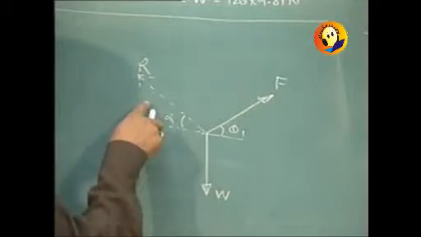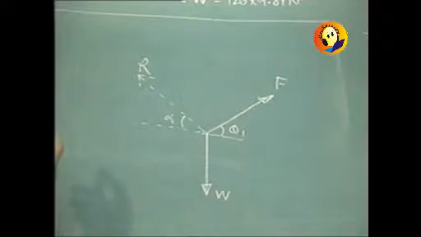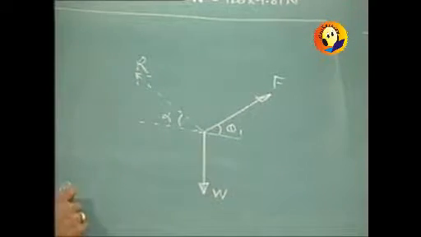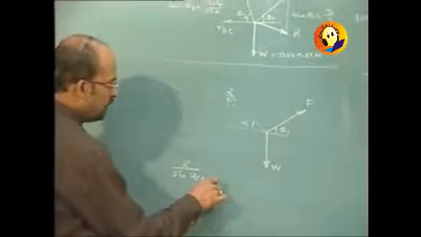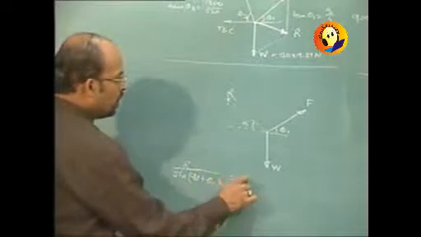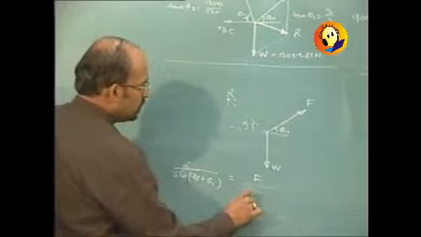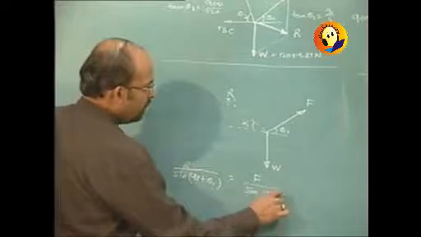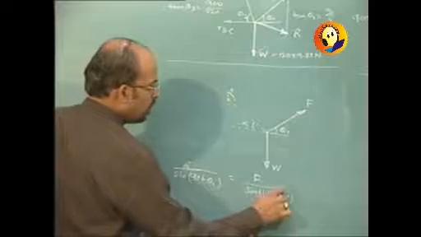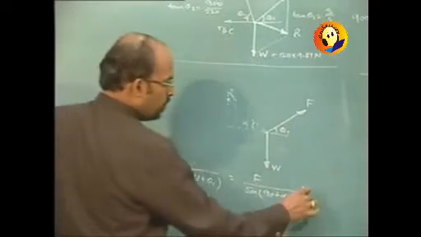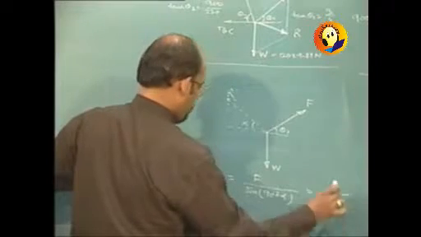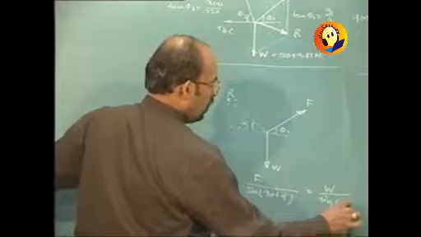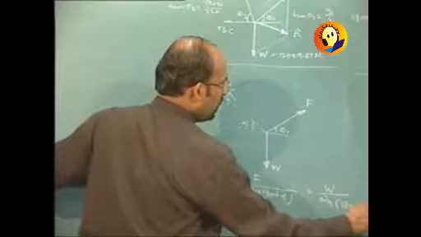Now of course, if you can find R from this by Lami's theorem, it will be R upon sine of 90 plus theta 1 equal to F upon sine of 90 plus alpha is equal to W upon sine of 180 minus alpha minus theta 1.